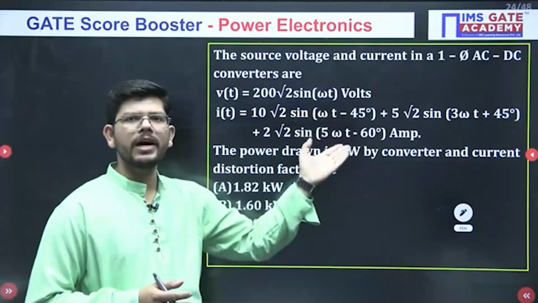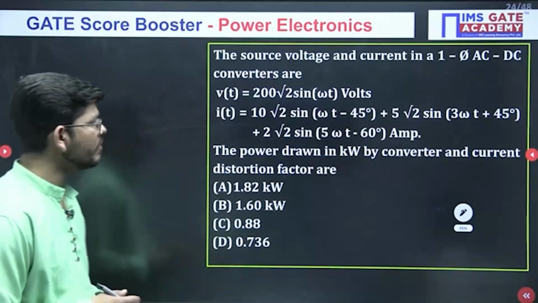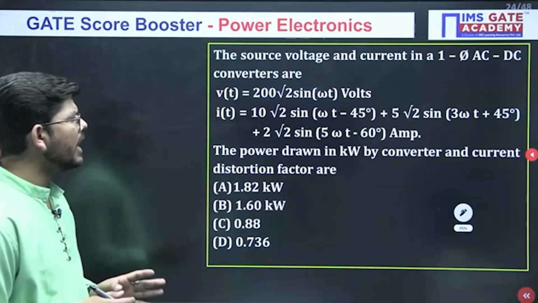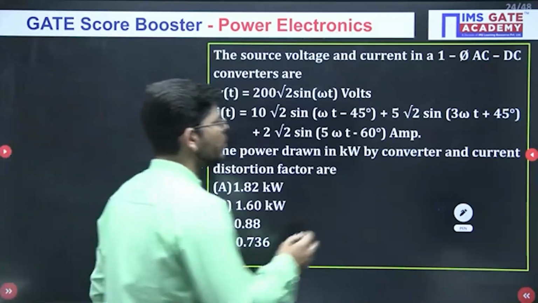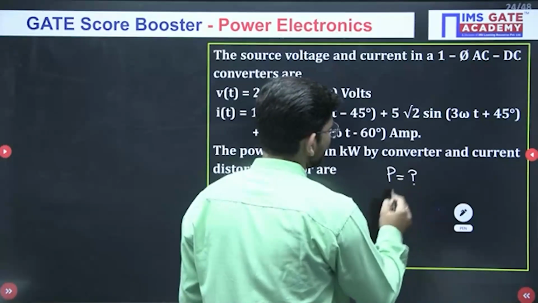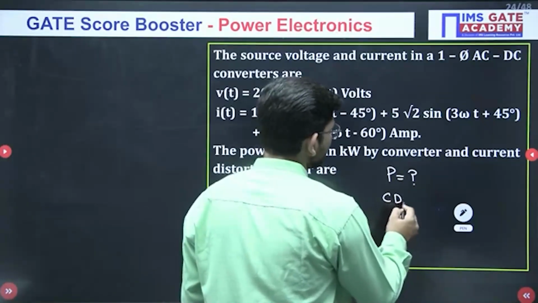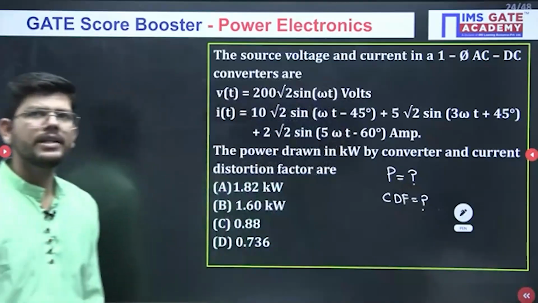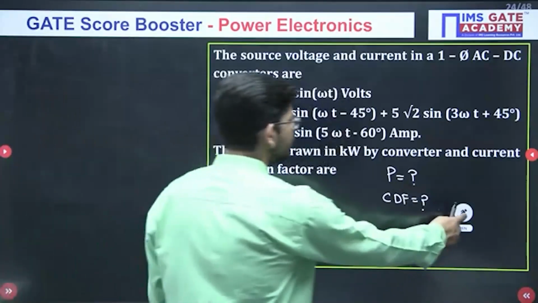Fundamental, third and fifth harmonic components are present. Power drawn in kilowatt by the converter and current distortion factor will be what? You have to find the power drawn by the converter and the current distortion factor. These two things you have to calculate in this numerical. Your time starts now.